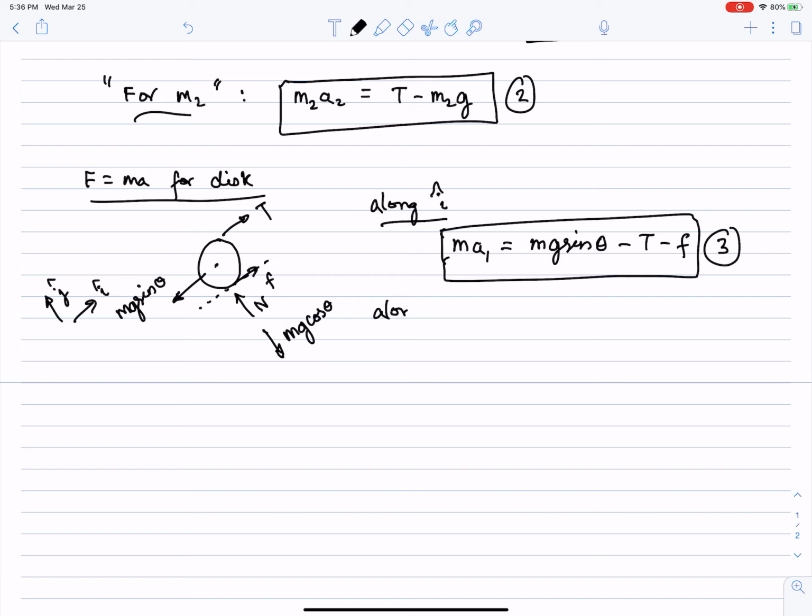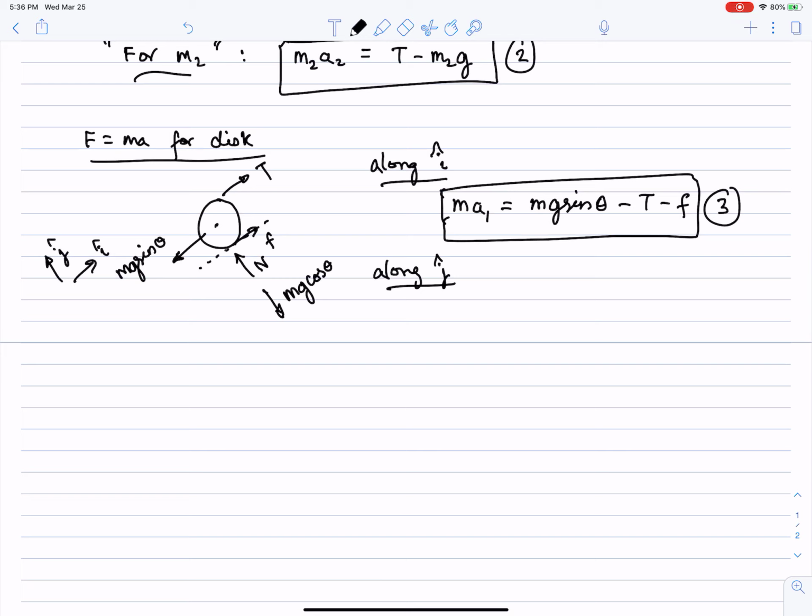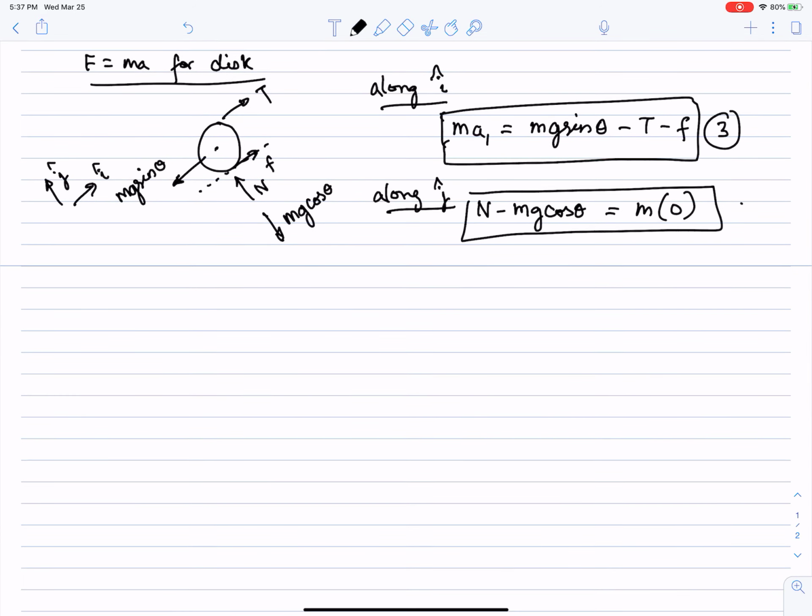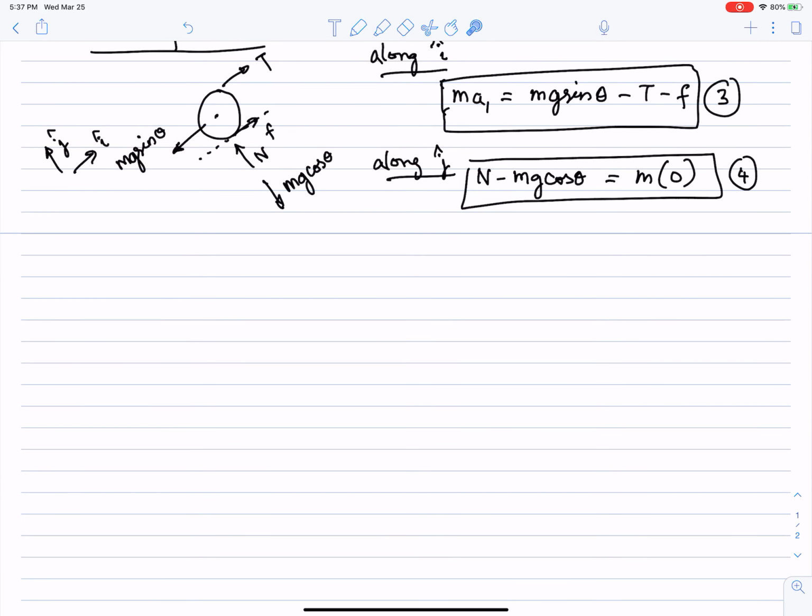Along J, we have N minus mg cosine theta, sum of all forces, equals mass times acceleration in the vertical direction, which is 0, perpendicular to the plane. Okay, that's equation 4. And we really don't care about this equation because, well, if the object was slipping, the normal reaction could be of interest.